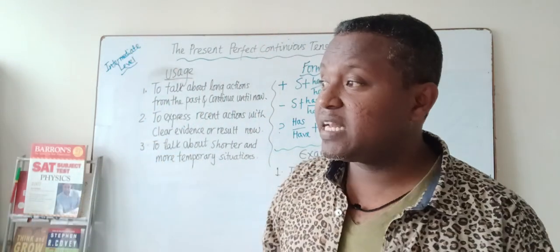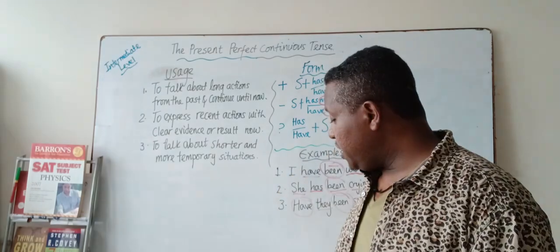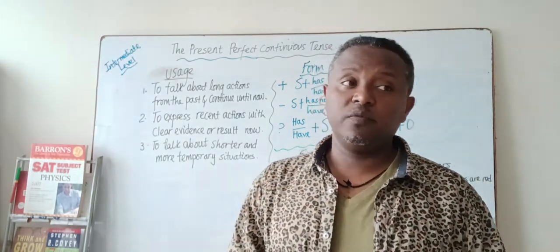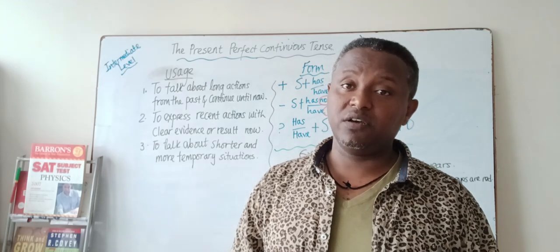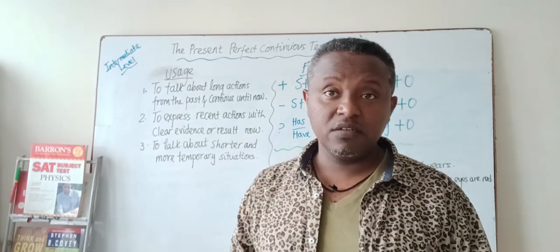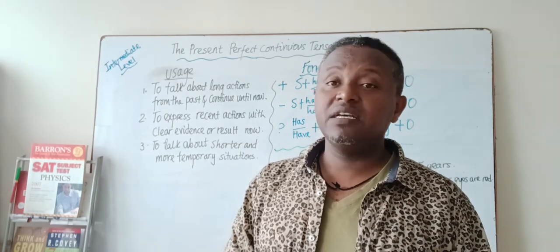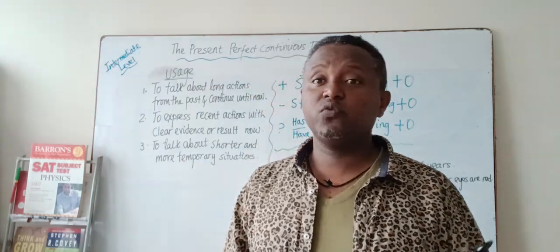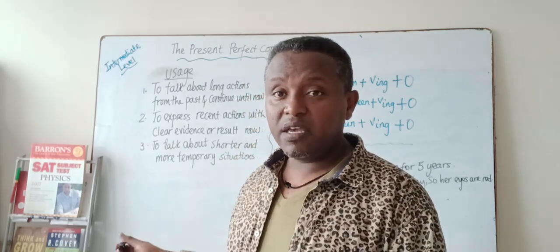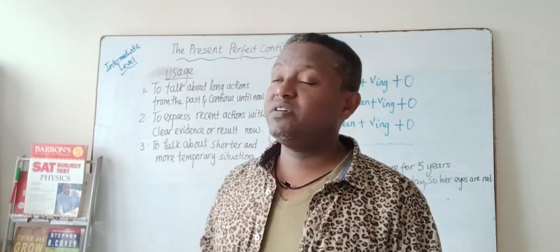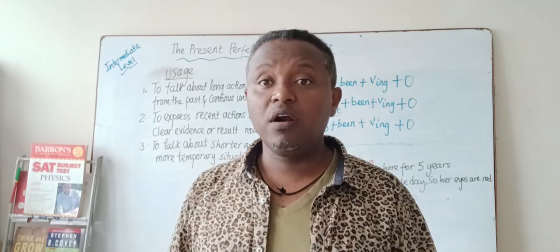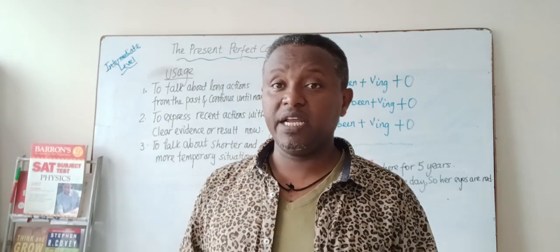So just like the present perfect tense, we can also state some useful key phrases, key phrases like for and since. As I told you, there is a little bit of similarity between present perfect tense and present perfect continuous. This time, both can take for and since.